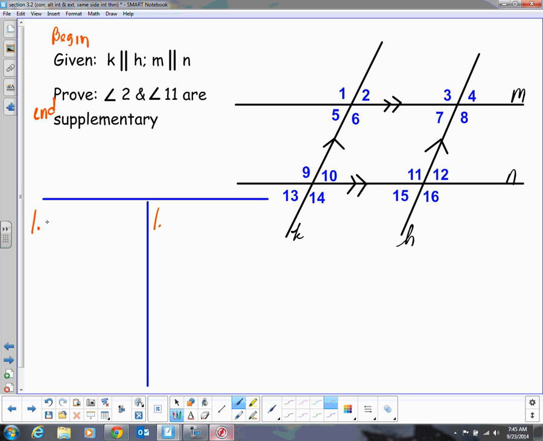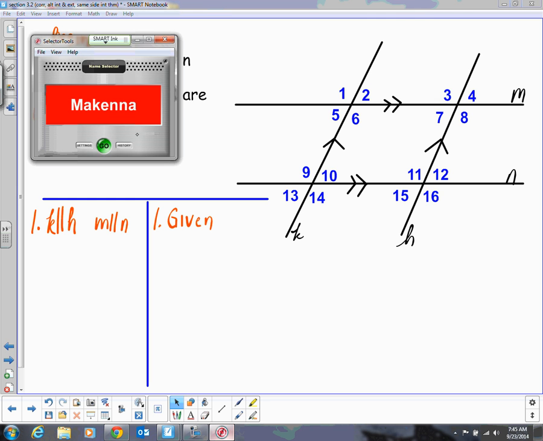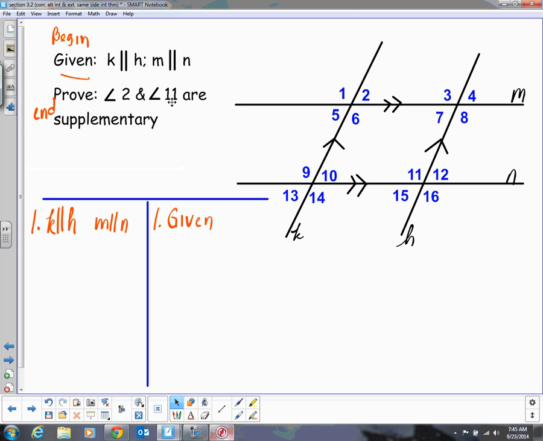So your first statement will be? And what's the reason? Given. Prove is never a reason. Just FYI. Okay. So now we are working, I don't know what, Kayla S. Do you want to start with 2 or do you want to start with 11?